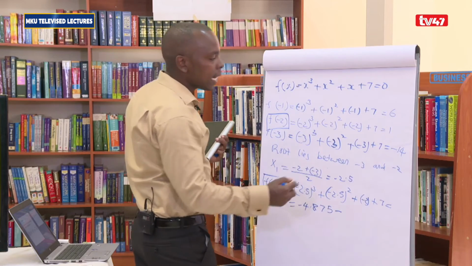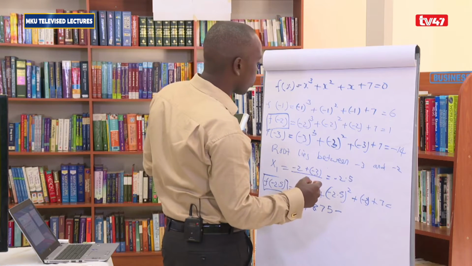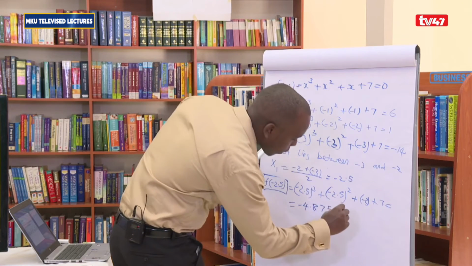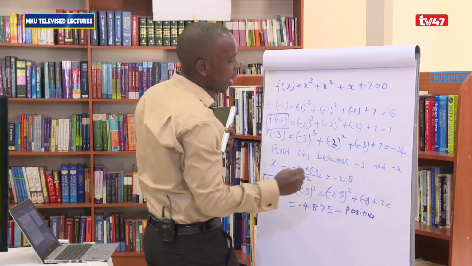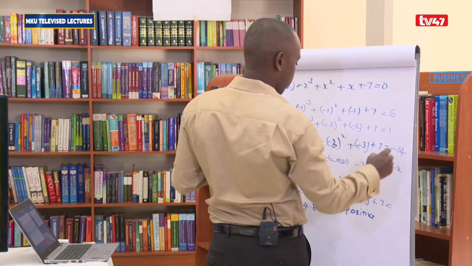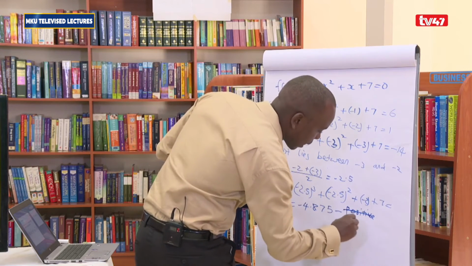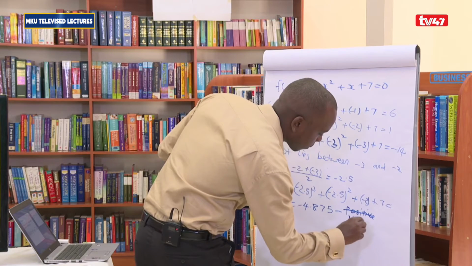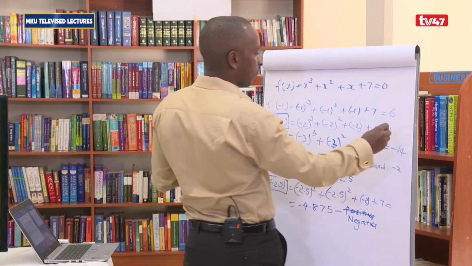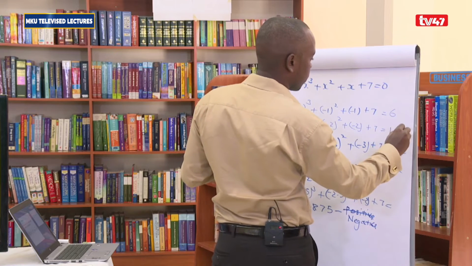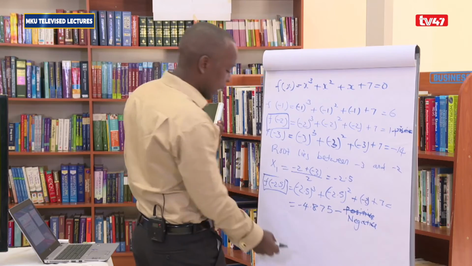So the interest here is the sign that results. Here this is positive, and here this is negative. So this is our new interval.